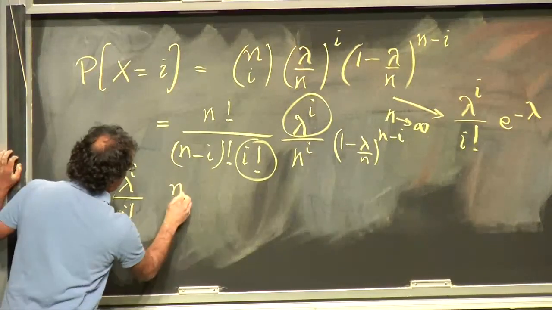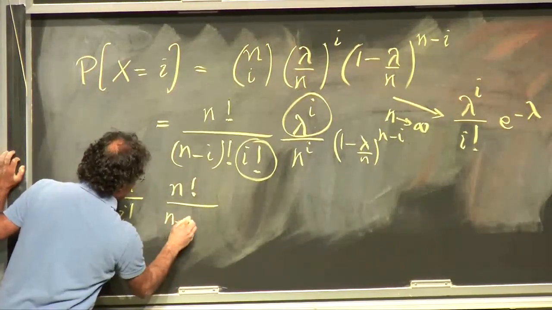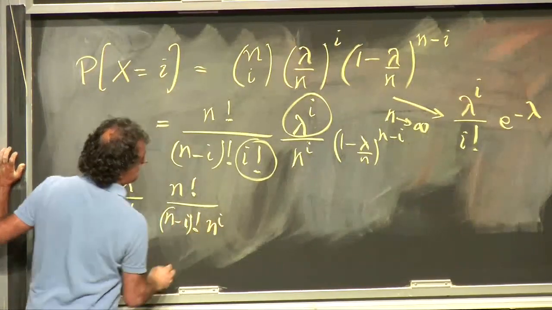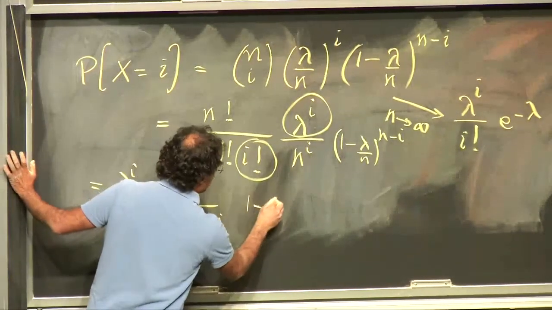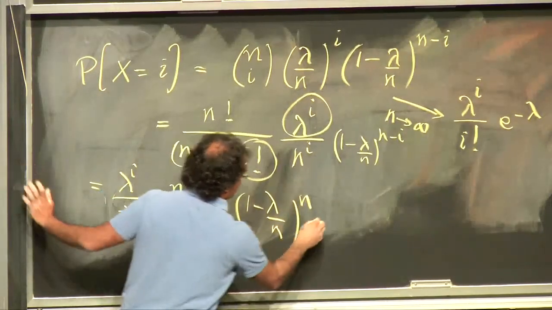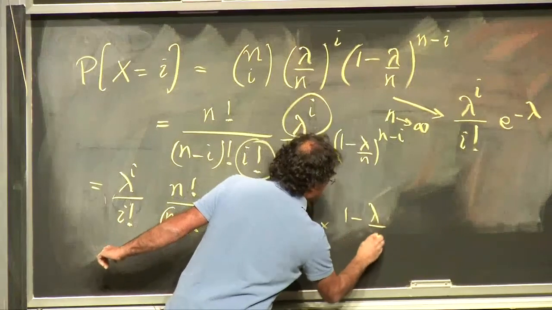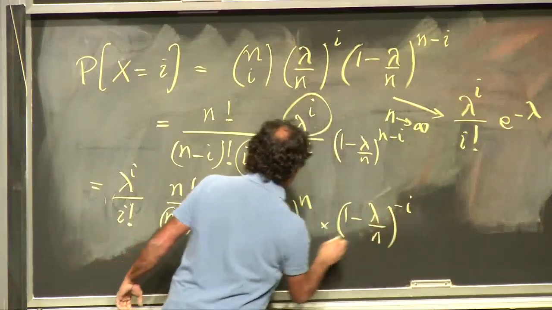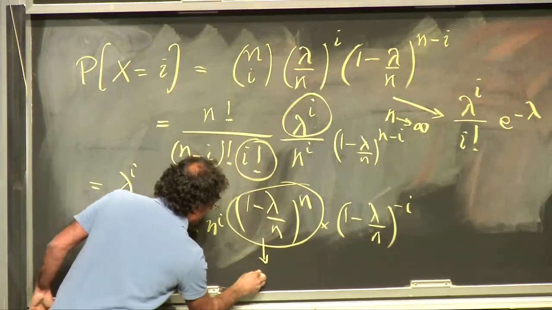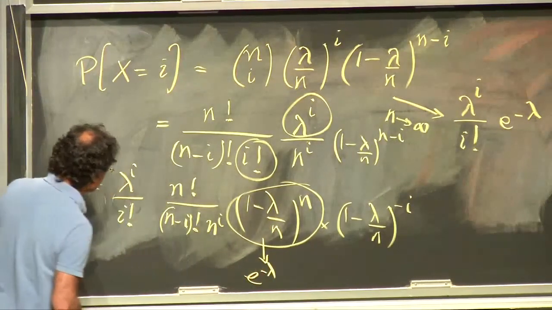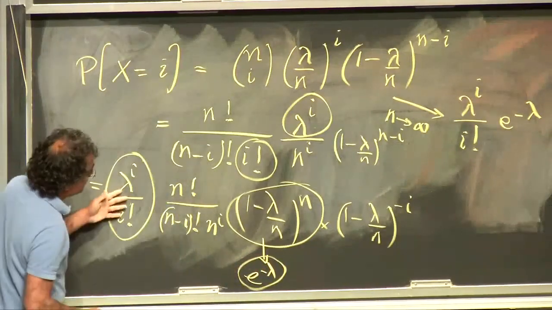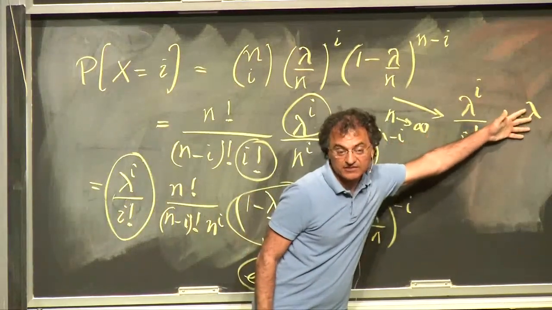And now we get n factorial divided by n minus i factorial, n to the i. And then we get 1 minus lambda over n to the power of n, times 1 minus lambda over n to the power of minus i. This tends to e to the minus lambda.